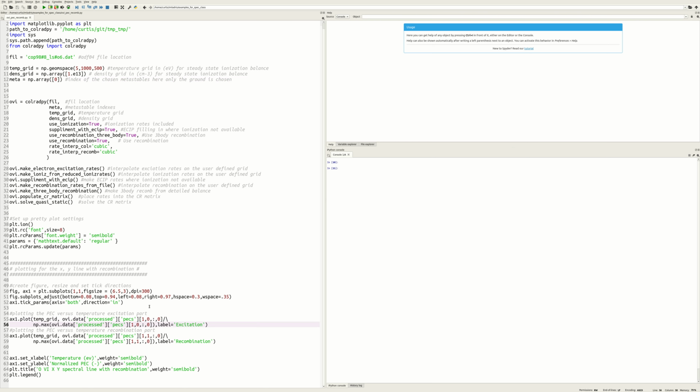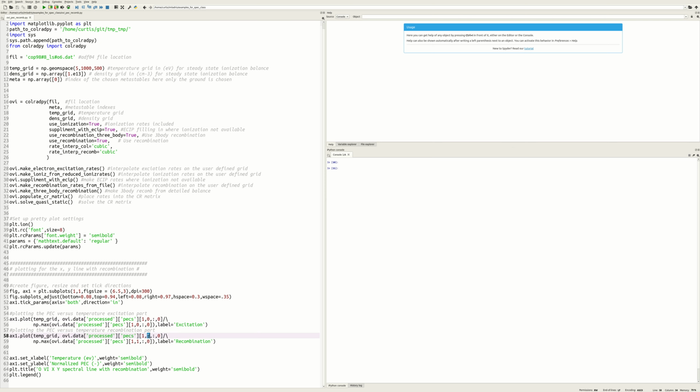After that, it goes into the ground state and any metastable states of the next charge state up. So that's why to plot the excitation portion of the PEC, we are plotting the first one corresponding to the ground state. So this is the excitation portion. Down here, we are plotting the recombination portion.